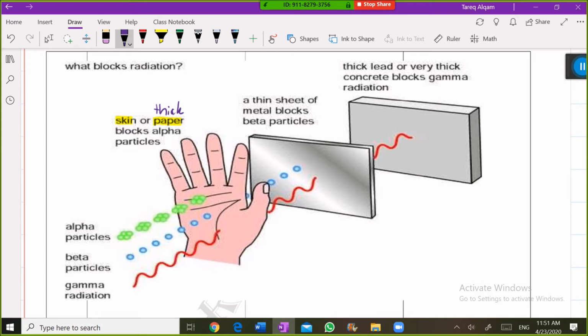Beta can be blocked using a metal sheet, or a thin metal sheet can be used to block beta, either positrons or electrons. You know that we need very thick lead or very thick concrete to block gamma. Guys, thick and thin, this is also a very important point. You have to mention it while you are answering the questions.